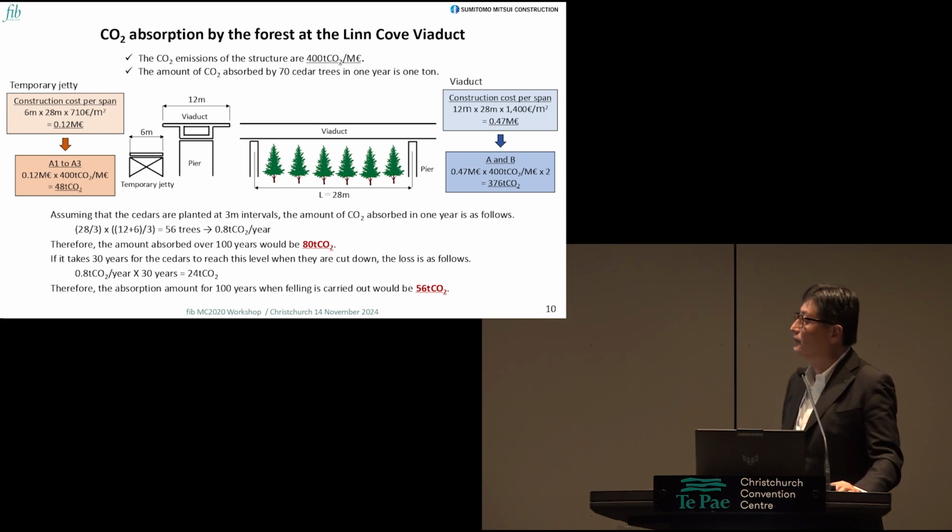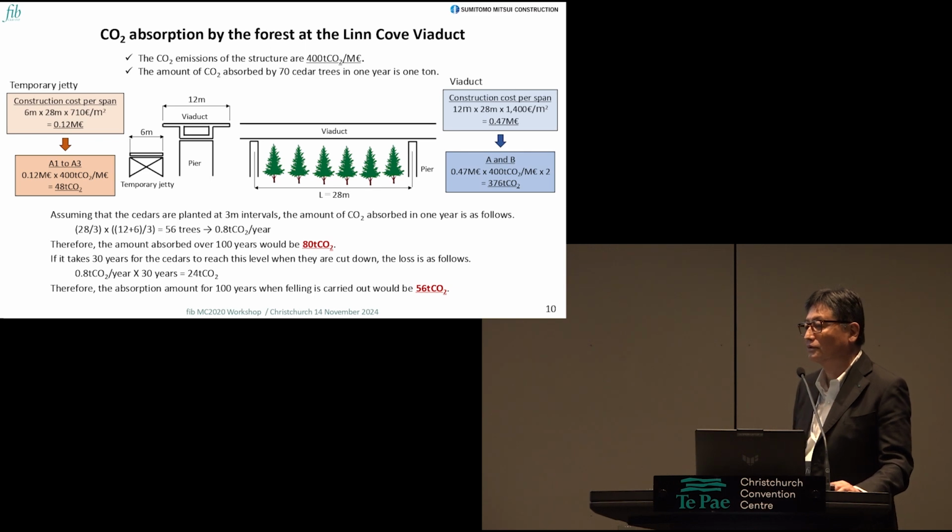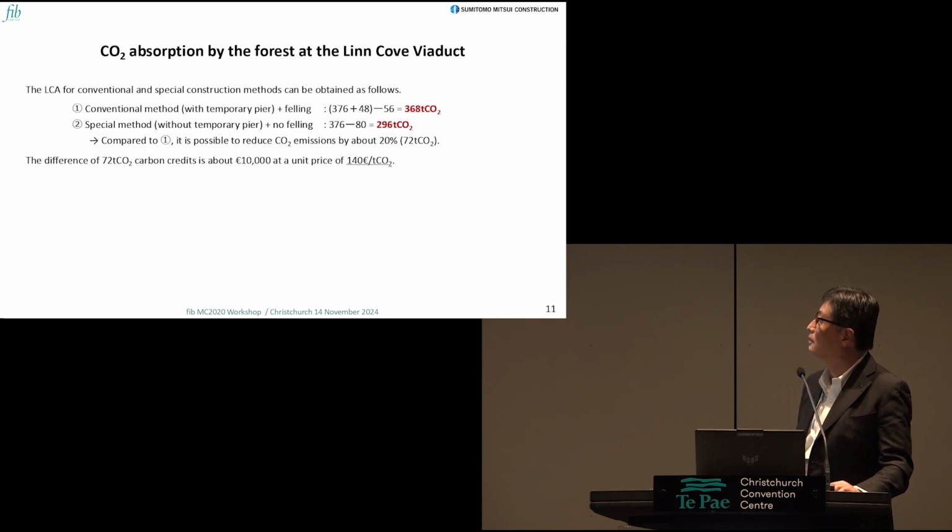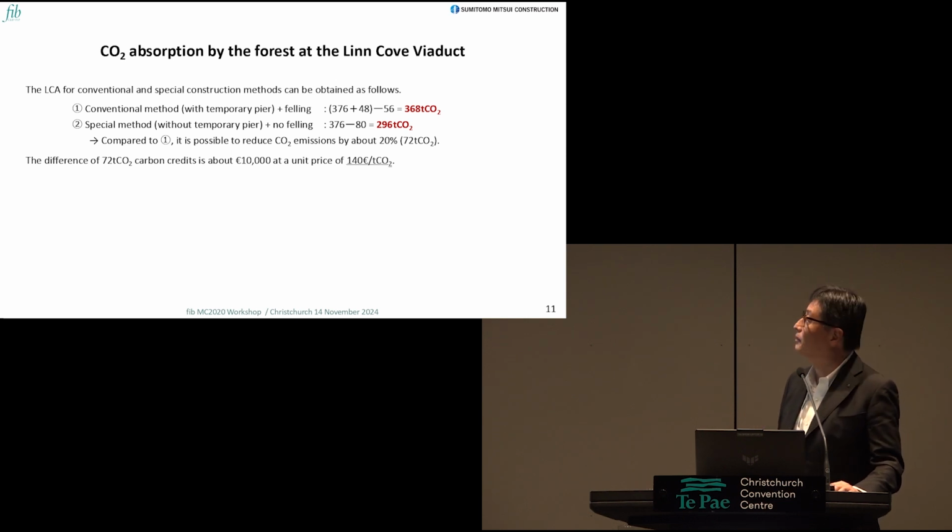So finally, if the contractor cuts the trees, 56 tons of CO2 would be the 100 years absorption of CO2. Compared with the conventional way, number one, and the special construction, real construction number two, the difference is like 72 tons. It's 20%.